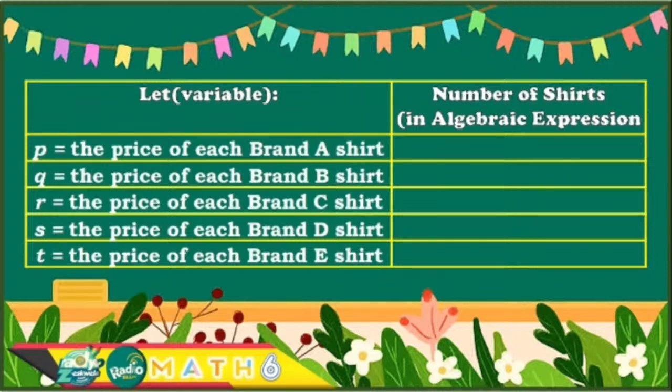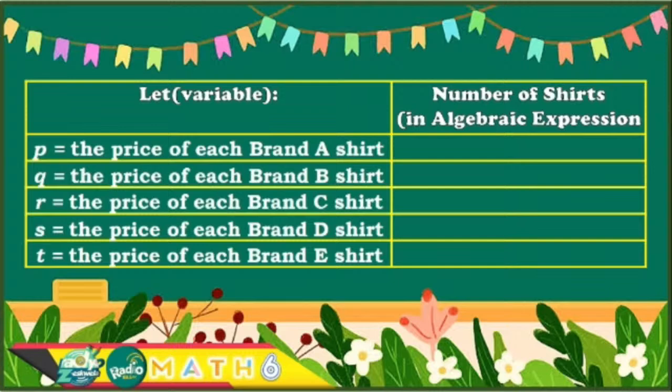We will make a table showing the variables and their corresponding number of shirts. Observe that the first column is the variables and the second is for the number of shirts written in algebraic expression. Let P equal the price of each brand A shirt.